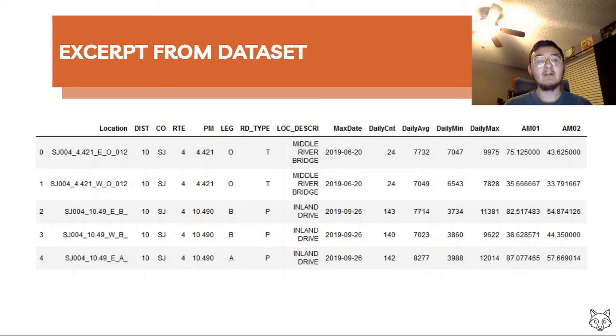You can see that there is a location description, and then you can also see that there's a daily average of how much highway traffic is actually on that part of the road. And then there's also a count for how much traffic per hour is on the road from 1 a.m. all the way to noon and then to midnight.